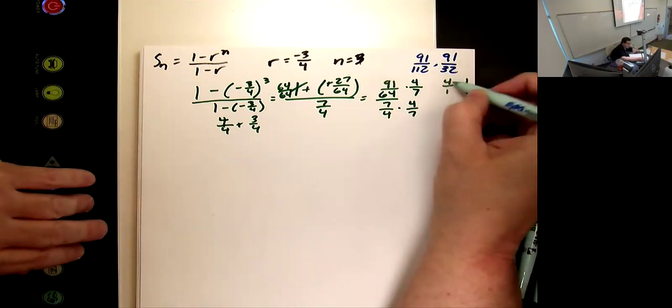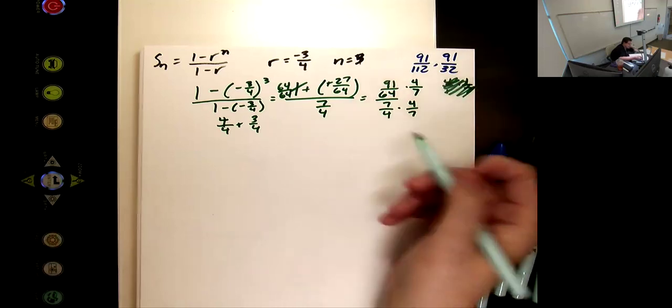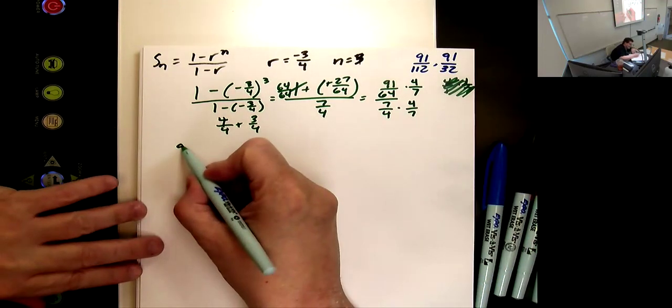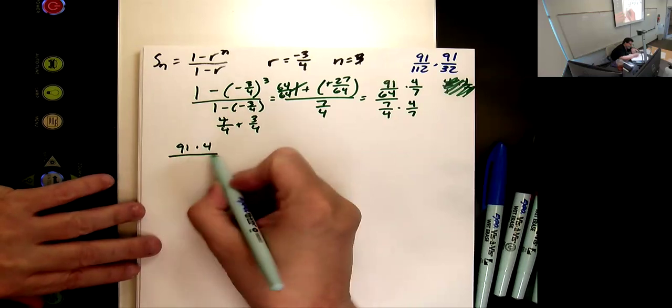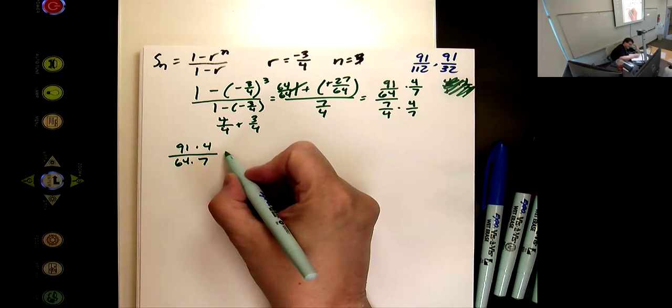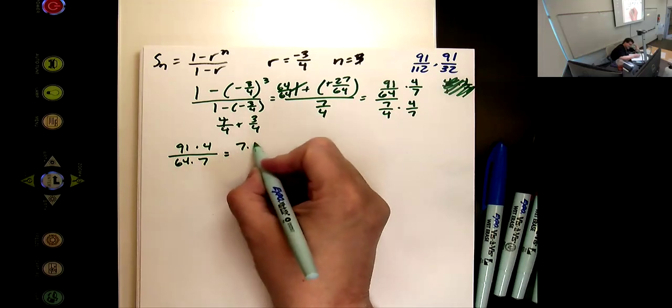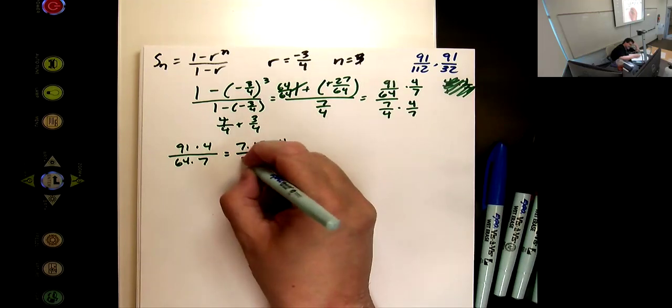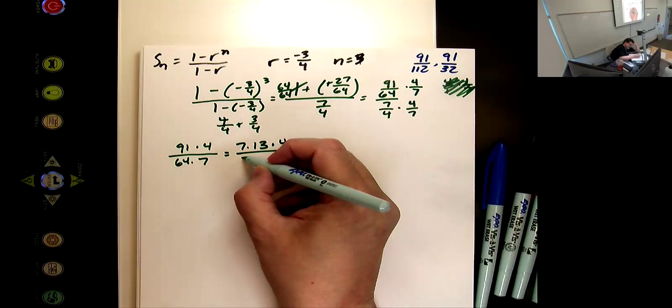So I've got 91 times 4 over 64 times 7. 91, let's see, that is 7 times 13, isn't it? 64 is 8 times 8 or 4 times 16.